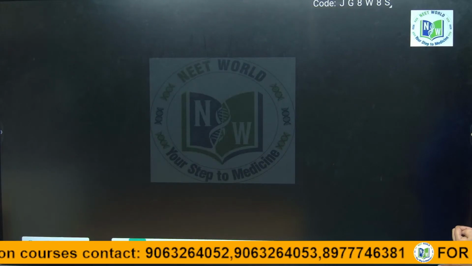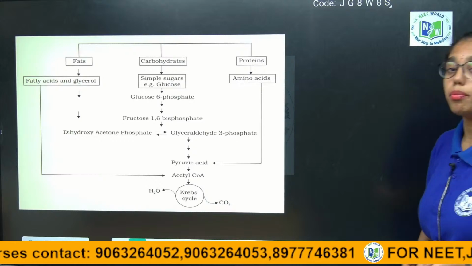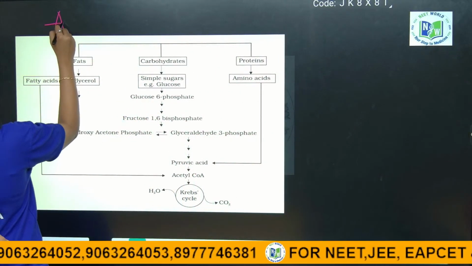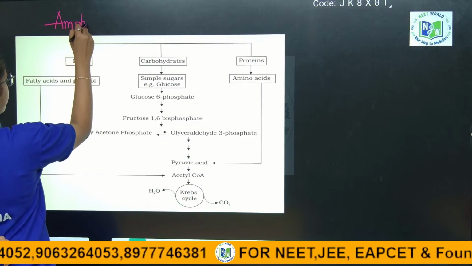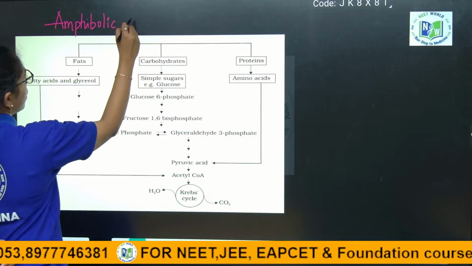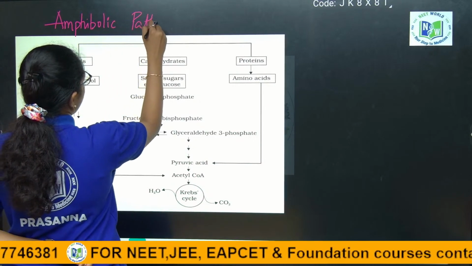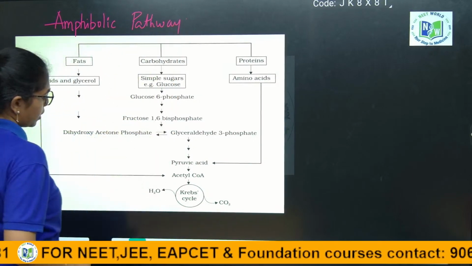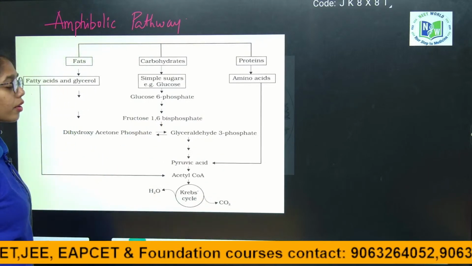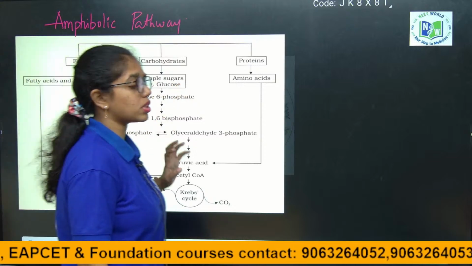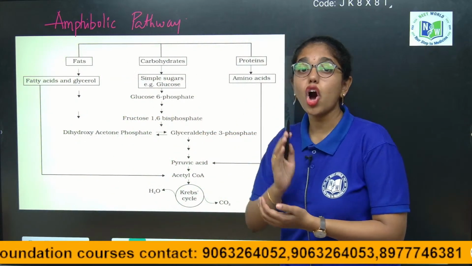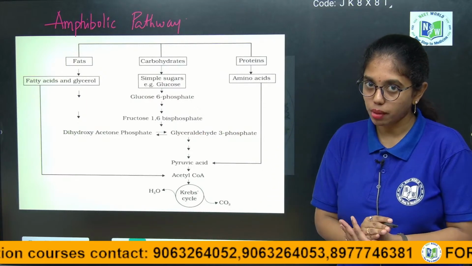Now we are going to look into the amphibolic pathway, okay. Respiration is also called the amphibolic pathway, wherein mostly the favorite respiratory substrate is glucose only. Glucose is mostly used as respiratory substrate, but proteins and fats also act as respiratory substrate sometimes.